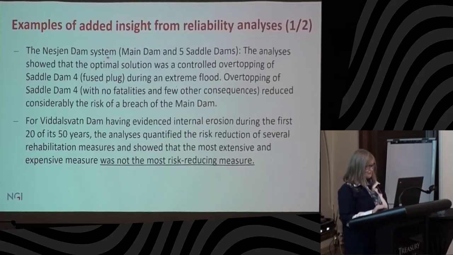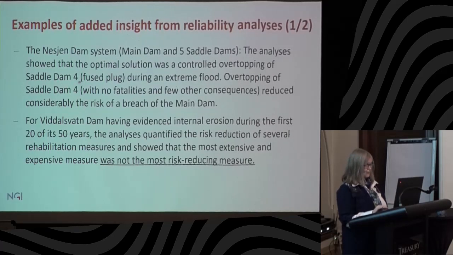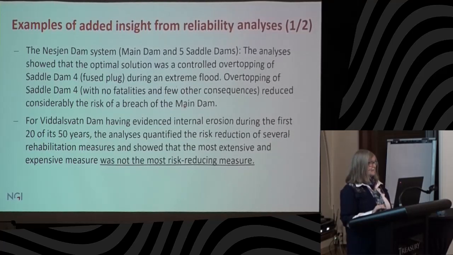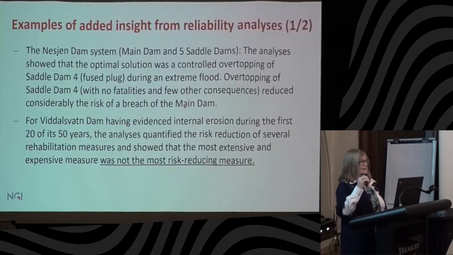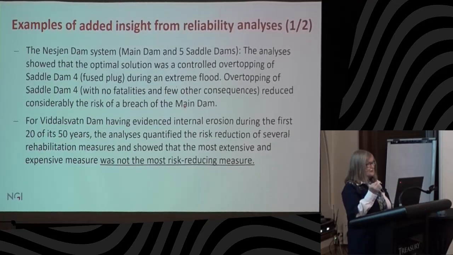So for the dam system, the analysis showed that the optimal solution was a controlled overtopping of saddle dam 4, the fuse plug, during an extreme flood. Overtopping of saddle dam 4 reduced considerably the risk of a breach of the main dam. And it was so logical, but the authorities did not think of that. They said just raise all of them by 2 meters.